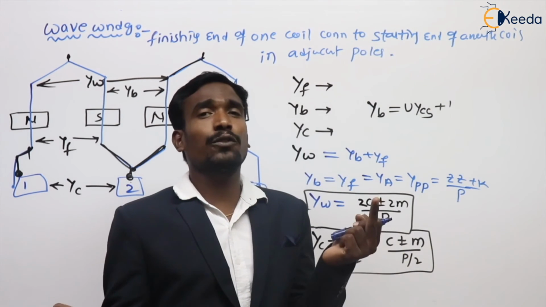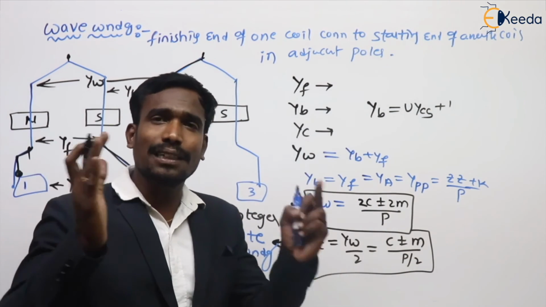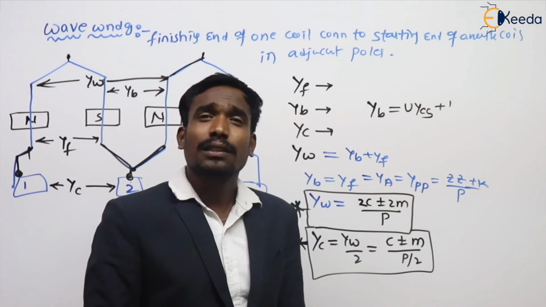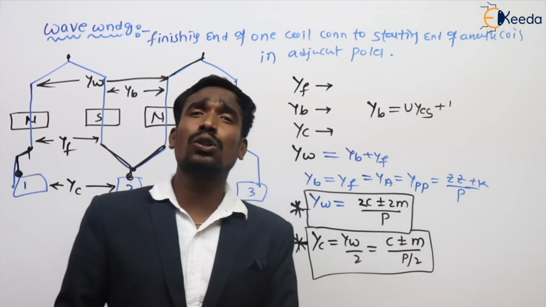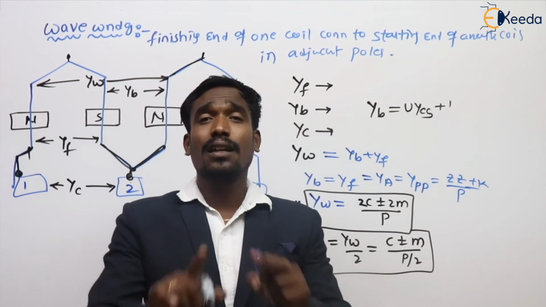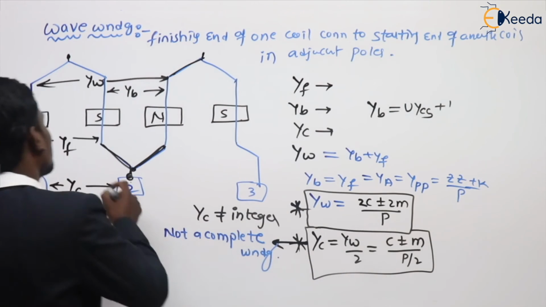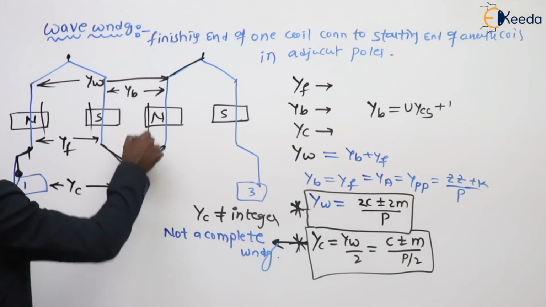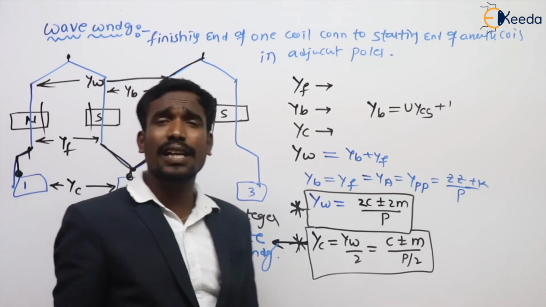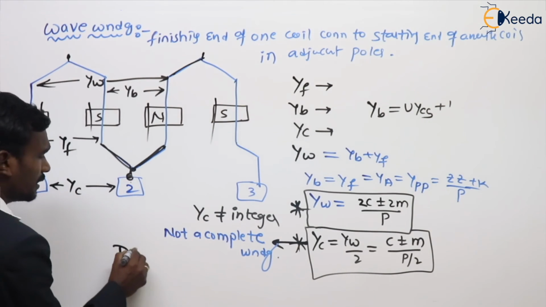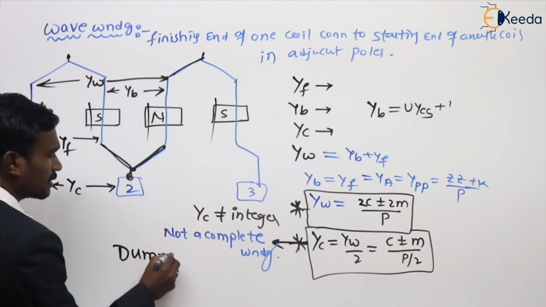To balance those forces, we have to place some coils in the armature. These coils are only used for balancing purposes, not for energy conversion. We are placing the conductors here for balancing purposes, but not for energy conversion. That's why these coils are called dummy coils.